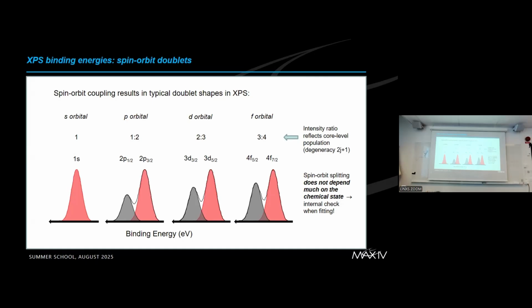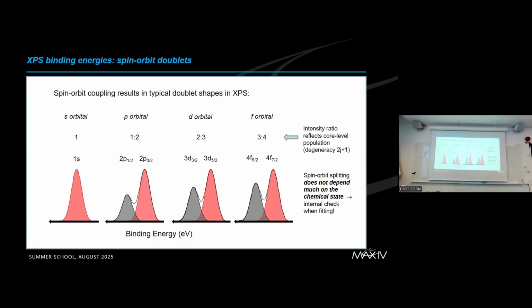And the intensity ratio between these doublets reflects the core level population, 1 to 2, 2 to 3, 3 to 4. And the shift between these peaks is determined by this spin orbital coupling, and it is not affected by the chemical surrounding so much. So this is essentially an atomic property.